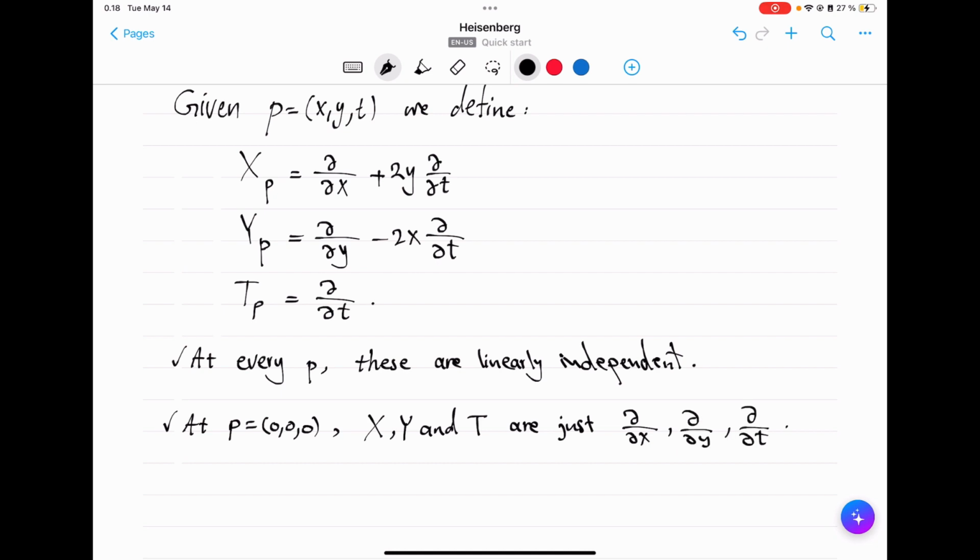So right at the origin they coincide with the other standard vector fields, but as soon as you leave the origin they become different. We see that, for instance, as y becomes larger, these vectors, X becomes really large, these vectors become extremely long from the Euclidean point of view because the length becomes the square root of 1 plus 4y squared.